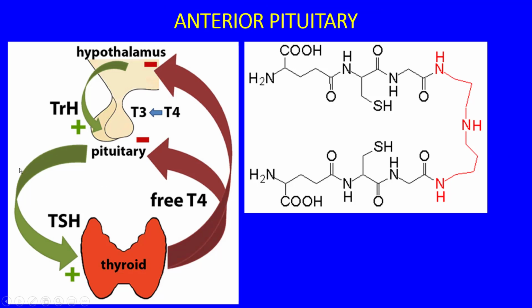As you can see here, we have the anterior pituitary, TSH acting on thyroid. Free T4, interestingly enough, seems to play a role on the pituitary release, whereas you have T3 converting over to T4 for the hypothalamic inhibition.